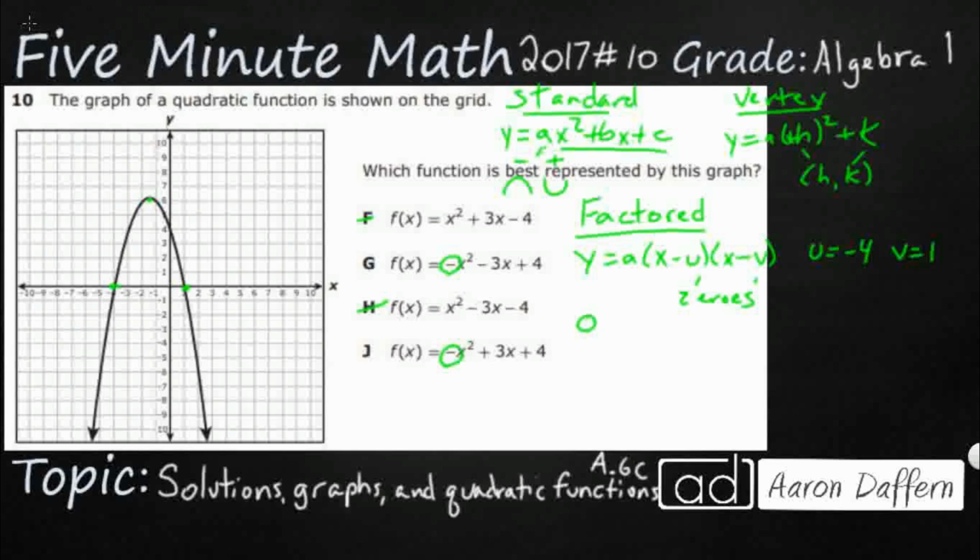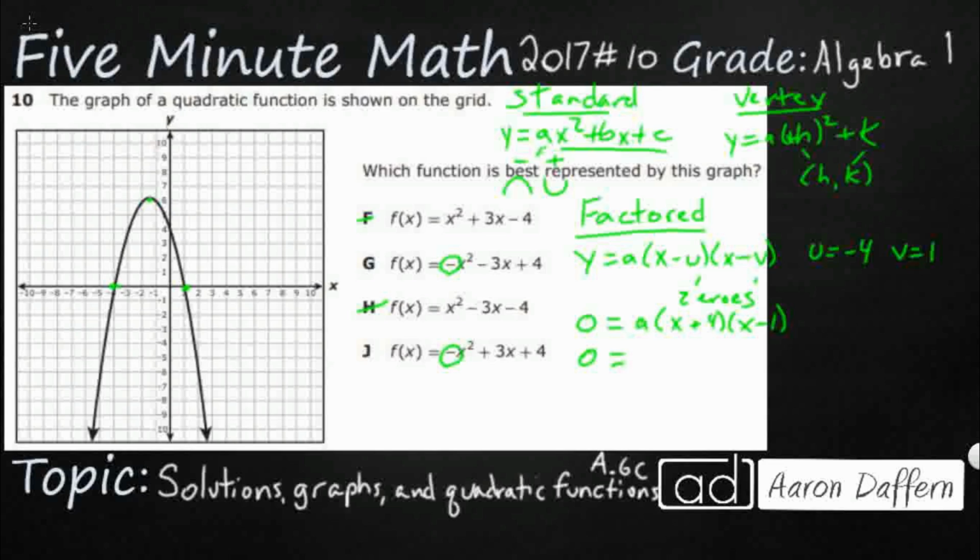We can say 0 equals a times... because when we have an x value of -4 or 1, the y is 0, the f of x is 0. It's x minus -4, so I'm just going to put that as x plus 4, and then v is 1, so it's x minus 1.